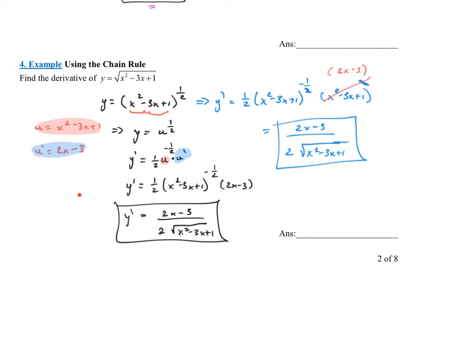I will tell you this full u substitution process is very important when we come to anti-differentiation. So even if you get a little lazy like I do and start doing the quicker process, you do still need to remember the u substitution process, because we will be using it towards the end of the semester when we find antiderivatives.